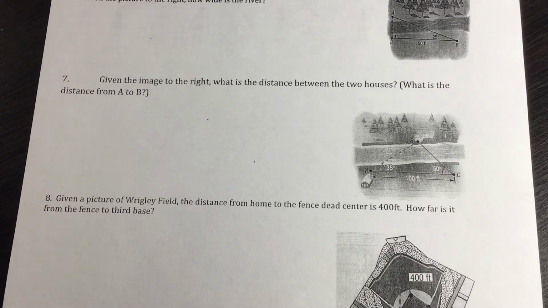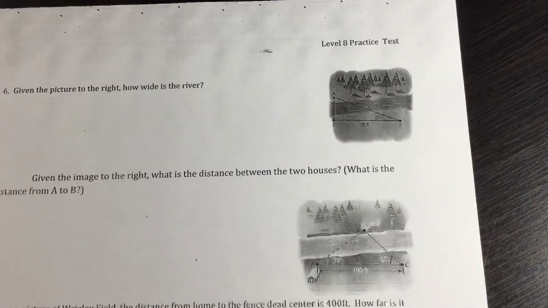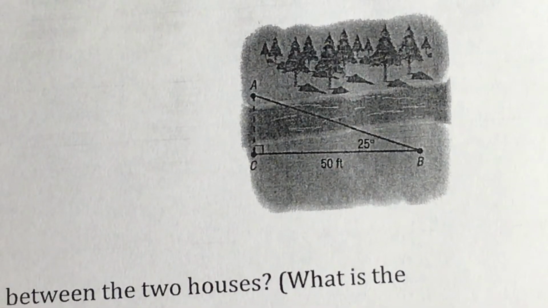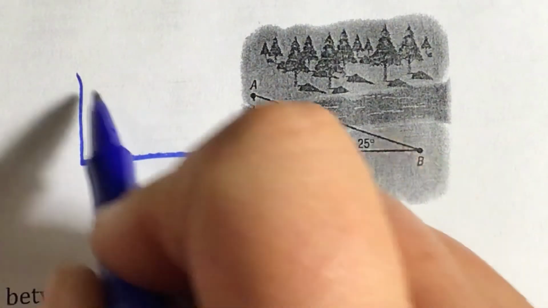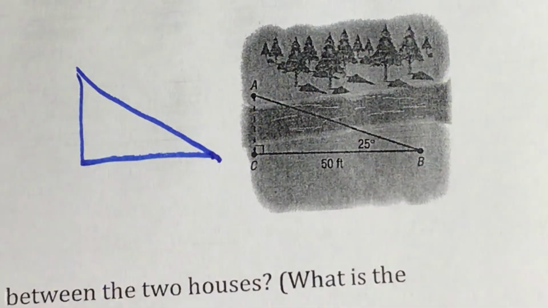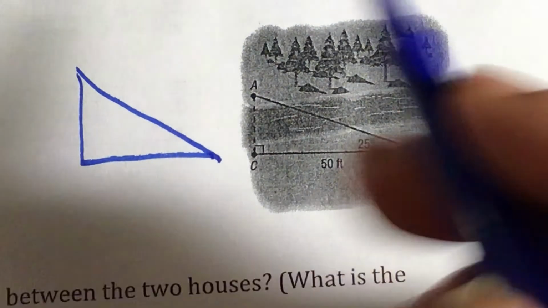So now looking, we have 3 more story problems here. So number 6 gives us a picture. This is really hard to see, so I'm going to draw this triangle here off to the side. It says, how wide is the river?